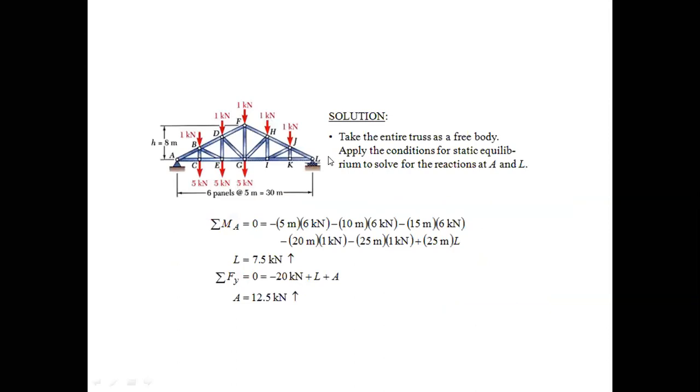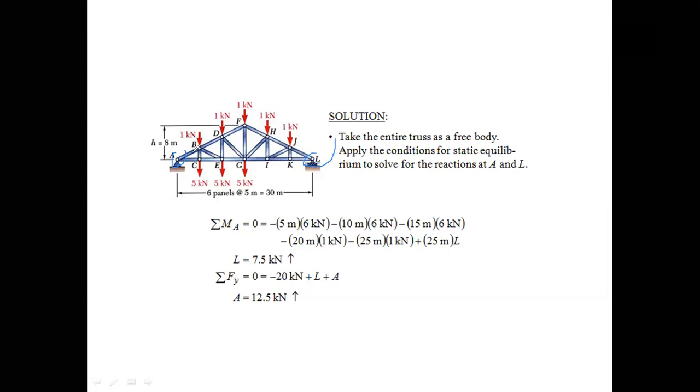Now see, take the entire truss as a free body and apply the conditions of static equilibrium to solve for the reactions at A and L. The first condition is that we have to find the reactions first.